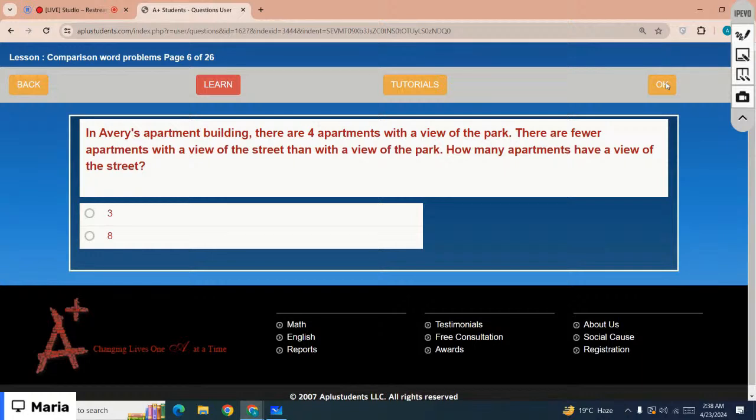In every apartment building, there are four apartments with a view of the park. There are fewer apartments with a view of the street than with a view of the park. How many apartments have a view of the street? So four of the apartments are with a view of the park, right? And there are fewer that have the view of the street, right?